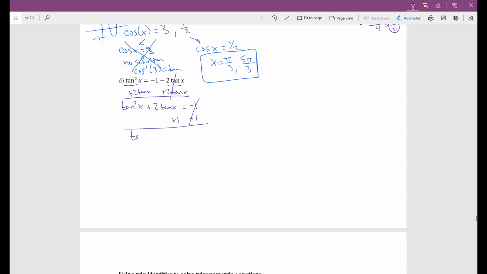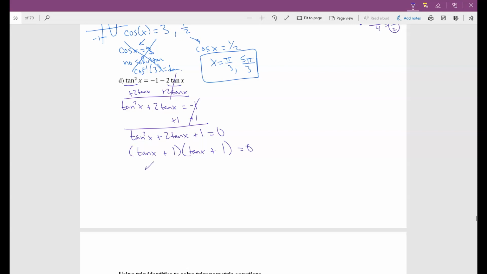So you're going to have tangent squared x plus 2 tangent x plus 1 equals 0. Okay, I can factor this, so I get tangent x in both of them, and then a 1 and a 1, and they should both be positive.